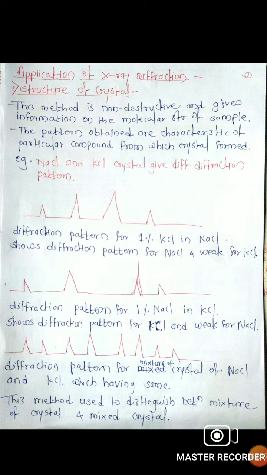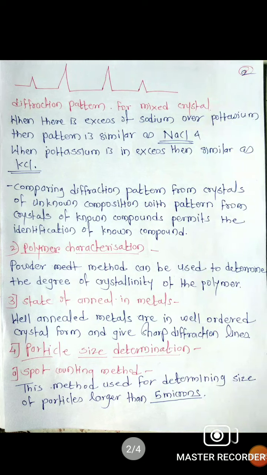Diffraction pattern for the mixture of crystals of NaCl and KCl, and this method is used to distinguish between a mixture of crystals and a mixed crystal. When it is a mixture of crystals, this type of pattern is obtained. For the mixed crystal, when sodium is in excess, the pattern is similar to NaCl.